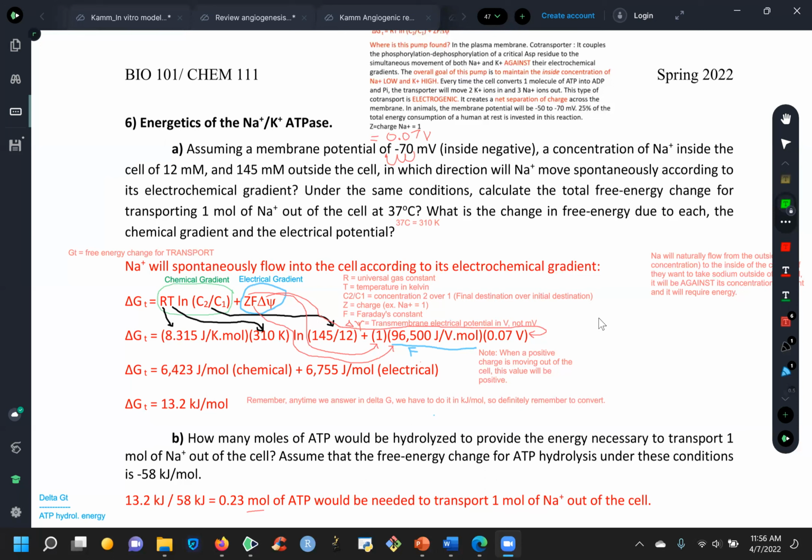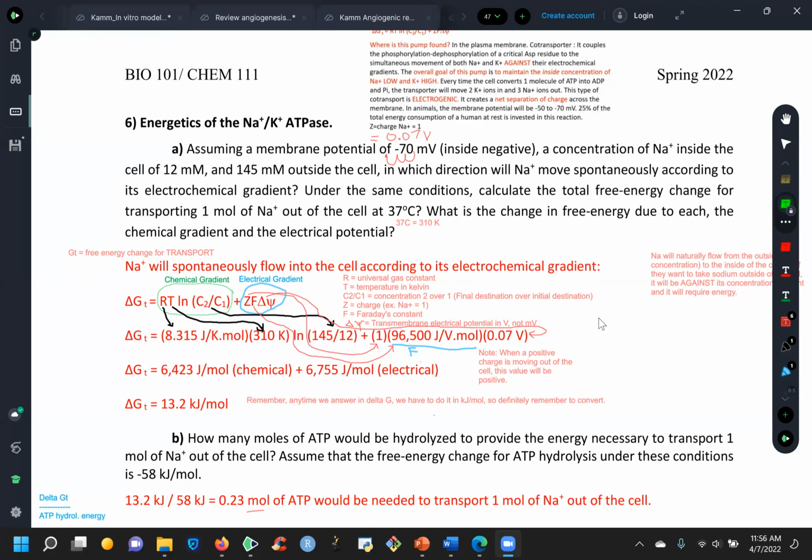But it is 96,500 joules per volt. So notice that R and Faraday's constant are in joules. Your final answer for delta G is going to be in kilojoules, so just keep that in mind. The very last step is going to be to convert to kilojoules. All right, we're almost done.